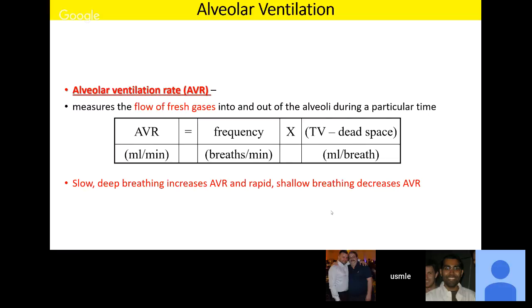And remember, every time you are conscious that you are breathing, it means there's a problem. It's like eating. If you are conscious that you're swallowing, it means there's a problem which you need to address. And that is what you need to look at in any patient who complains, or in any of your cases, for exam or not, that is real life.